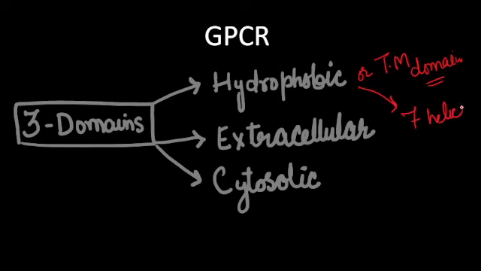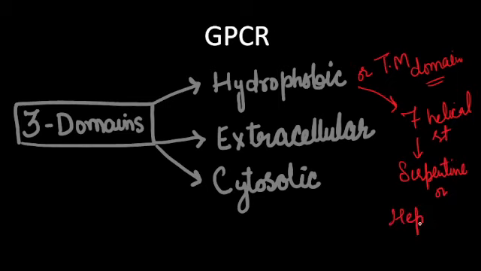There are seven helical structures. That's why we call it serpentine, or sometimes heptahelical, because there are completely seven passes, seven transmembrane helical structures.